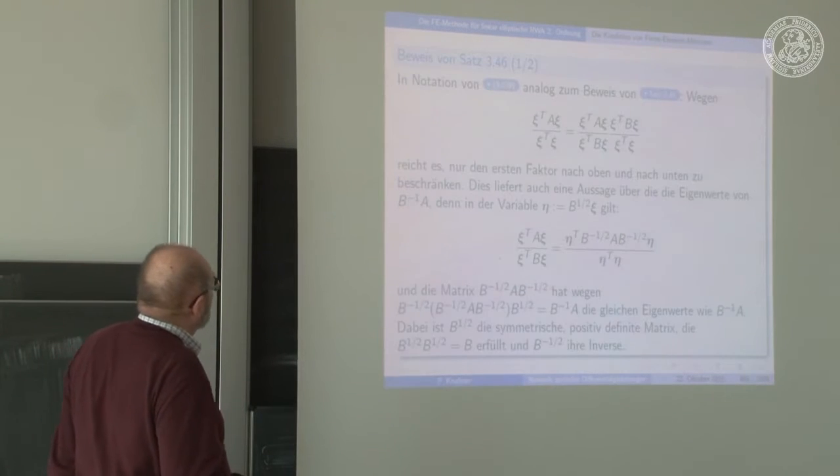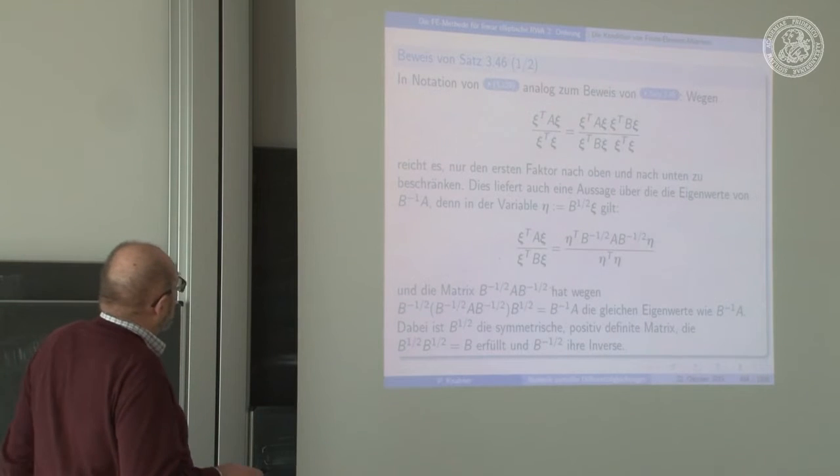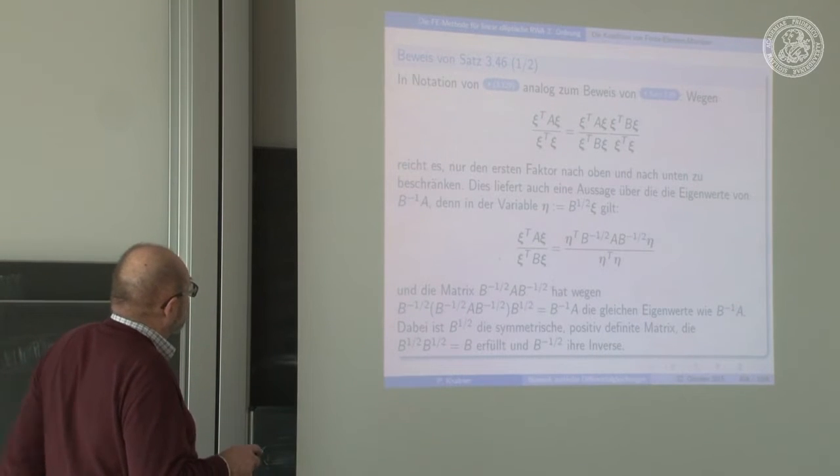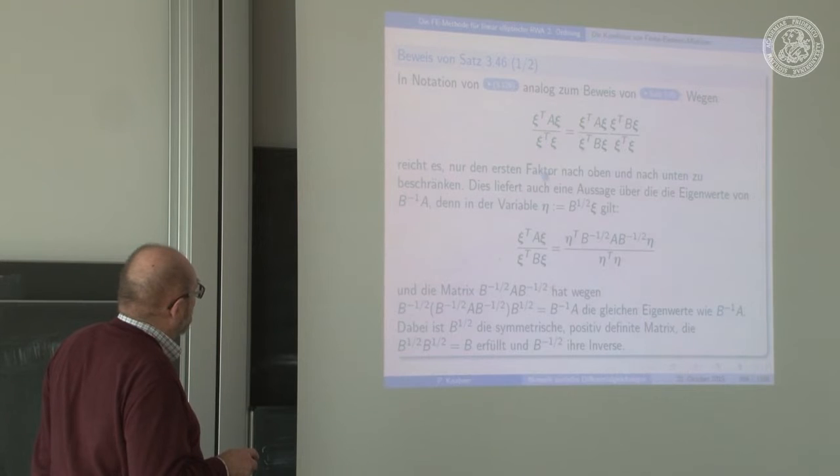So let's start with it. We have the following relation. If we would like to look at the condition number of the matrix A, we have to look at this quadratic form. We can write this quadratic form in a way that's pretty similar to what we had before.